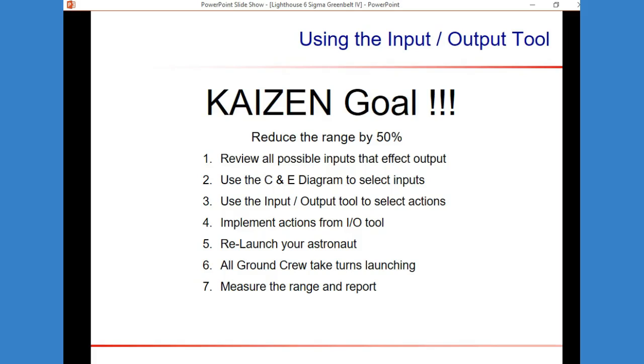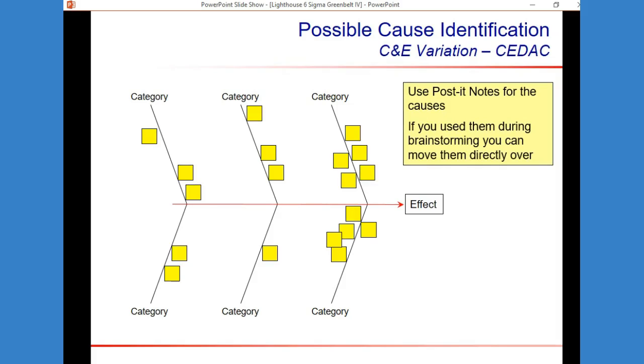As soon as you're done shooting, I'm going to have you do this C&E using the post-it notes, and you've got categories up here, and you're just going to either talk amongst yourselves, somebody write them down, or multiple of you write them down, and then you say, well, that fits under this category, and come up here and post them.